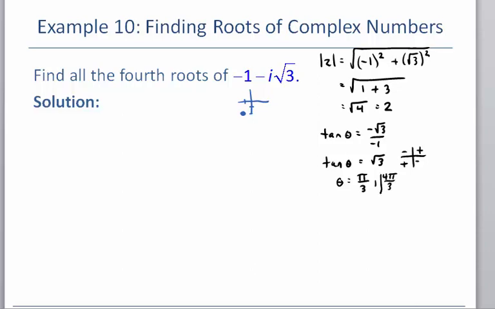And so that is the angle that we're going to be using. All right, so we have our magnitude and we have our angle. Let's go ahead and plug into our formula. And again, I'm going to use the same version of that formula, the one that looks like this.